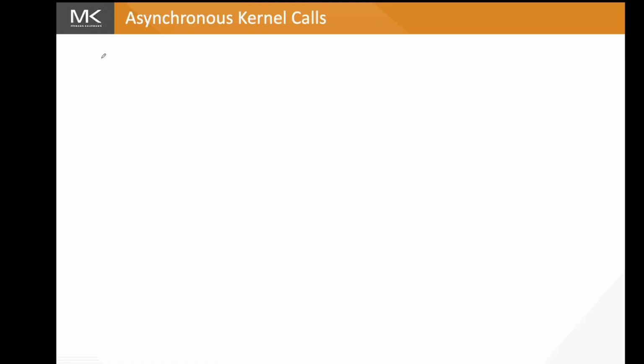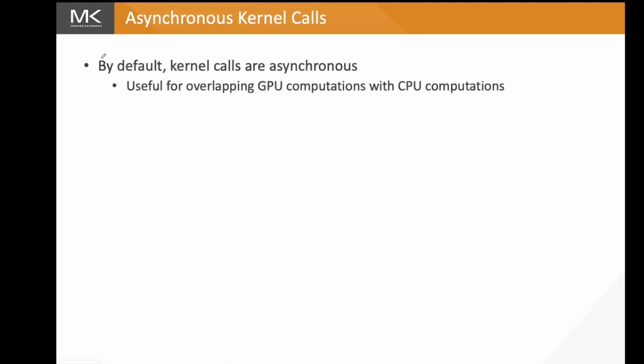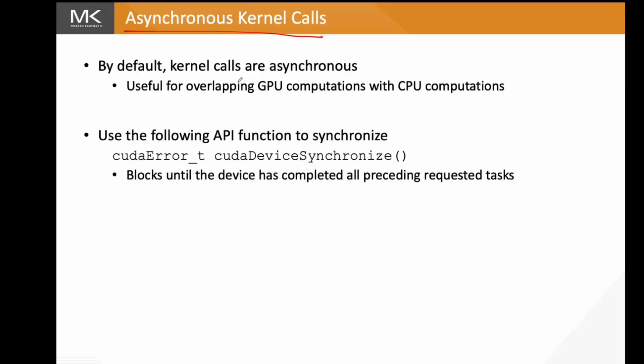Another thing that I mentioned previously is asynchronous kernel calls that happen on the GPU. So by default, we know that the kernel calls are asynchronous, which means when your CPU calls a kernel on the GPU, the CPU basically does not wait for the GPU to finish the execution, right?